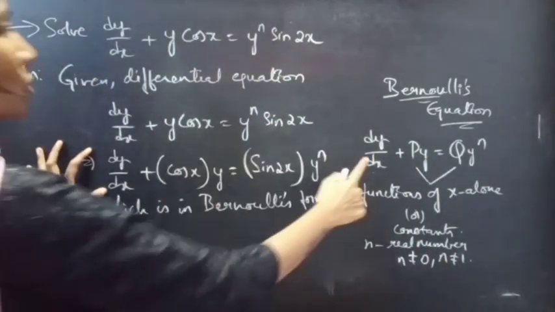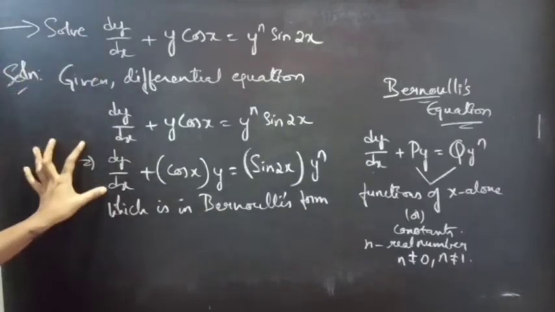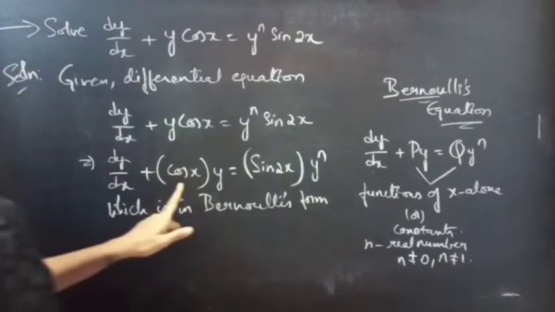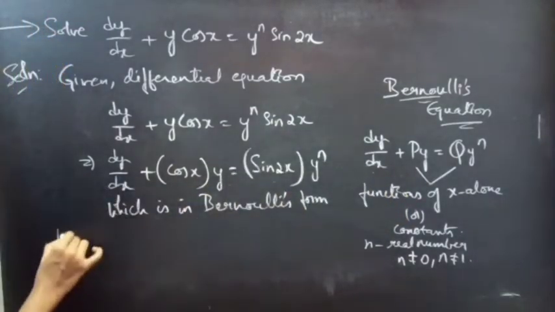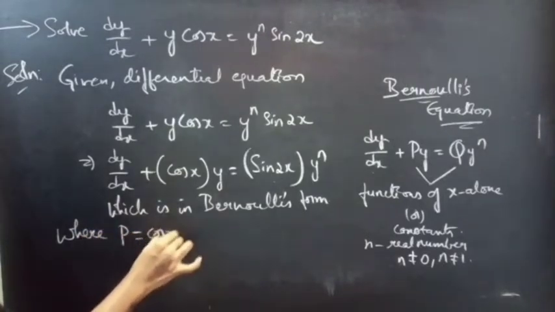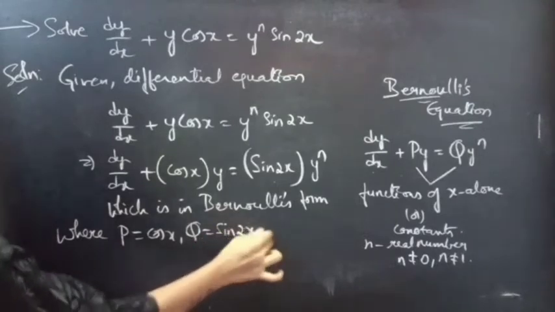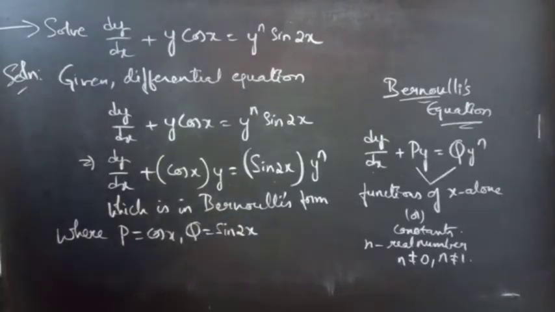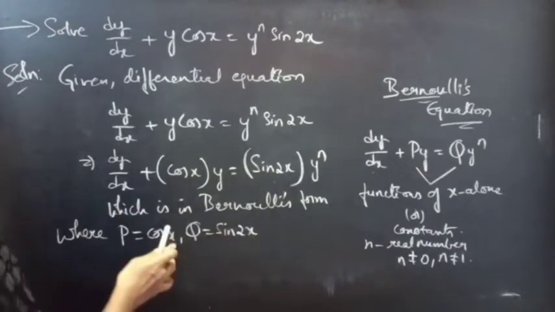So by comparing these two equations, we can say that the given equation is a Bernoulli's equation, and we can find P and Q by comparing these two equations. P equals cos x and Q equals sin 2x, which are functions of x alone, since it involves only x and does not involve any other variable.